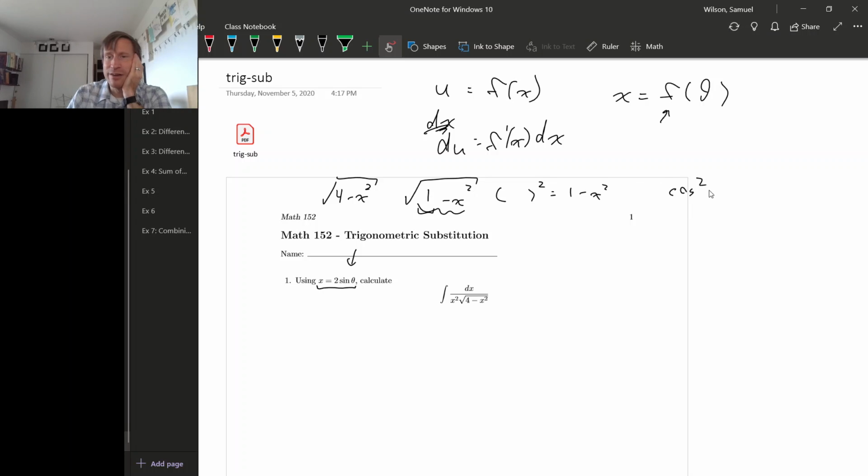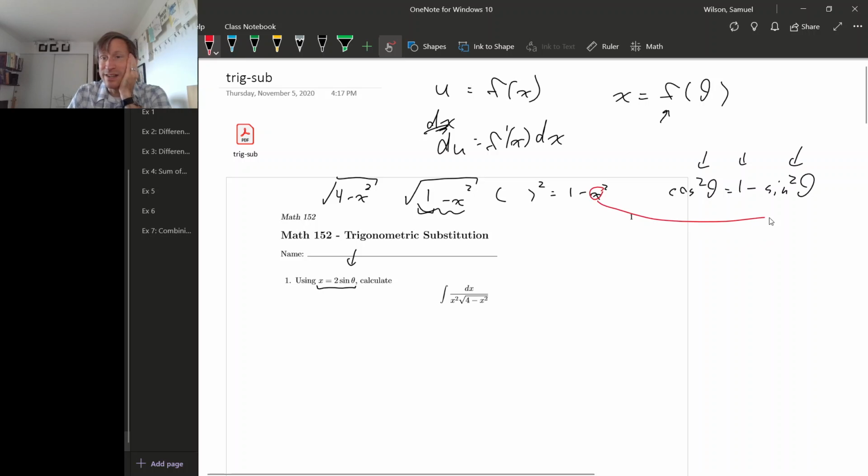Cosine squared is equal to 1 minus sine squared. That gives us the same pattern because we have 1 minus a thing squared equals another thing squared. And what's playing the role of x in this pattern is sine. So that's how you would come up with this idea to use sine in this situation.